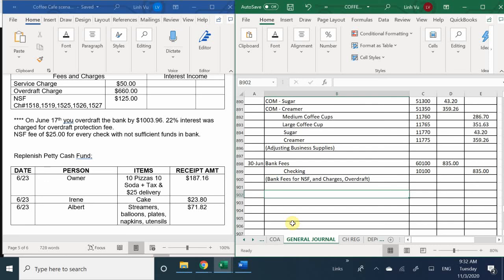Well, if you're going to debit your checking account, what does that mean? We're adding. Exactly. So are we adding to our checking account? No, we're subtracting. Correct.